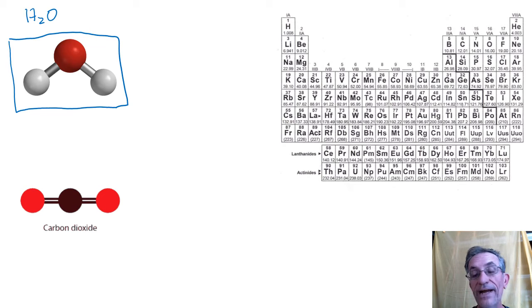If I want to know the weight of one water molecule, we just add up the weights of those atoms. Water is two hydrogens, the white guys, and one oxygen, the red guy. So we're going to add up two hydrogens and one oxygen to get the total weight. What does one molecule of water weigh?